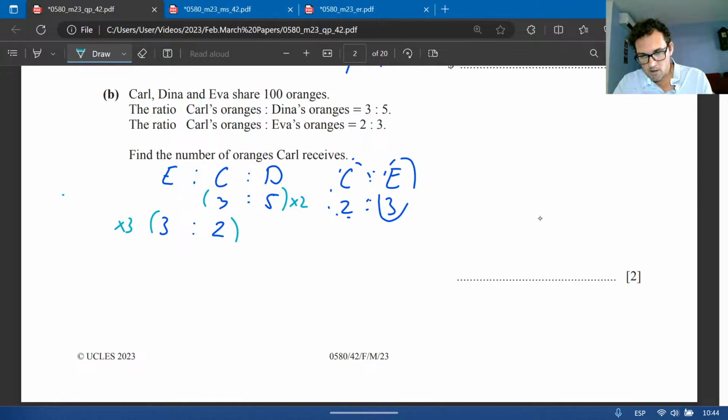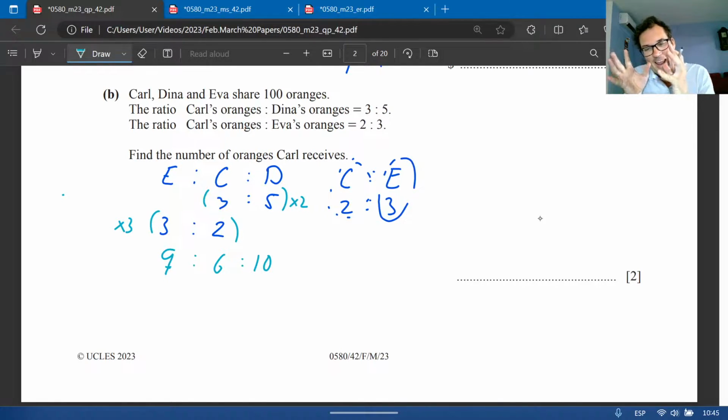So that makes Carl's ratio 6 in both, Dina's is now 10, and Eva's is now 9. See? The ratios are still the same. Eva's to Carl's is 9 to 6, which is the same as 3 to 2. Carl's to Dina's is 6 to 10, which is the same as 3 to 5, but now we've got one nice ratio. Genius.